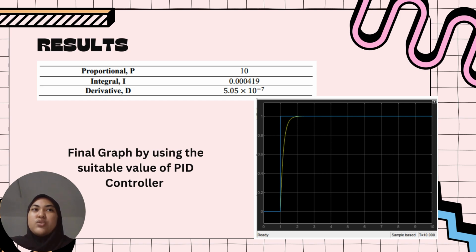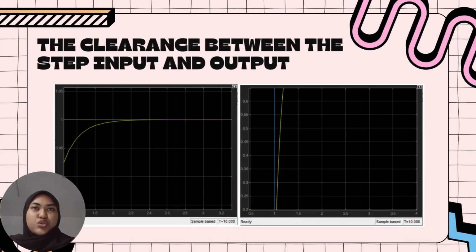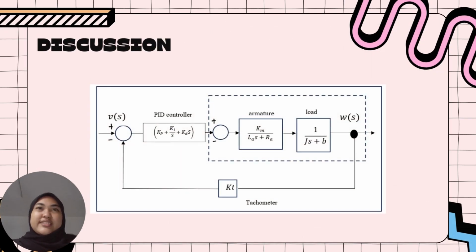Based on these values, the resulting graph is shown here, using suitable values for the PID controller. In this slide, we can see two graphs showing the clearance between the step input and output. Next, we go to discussion.